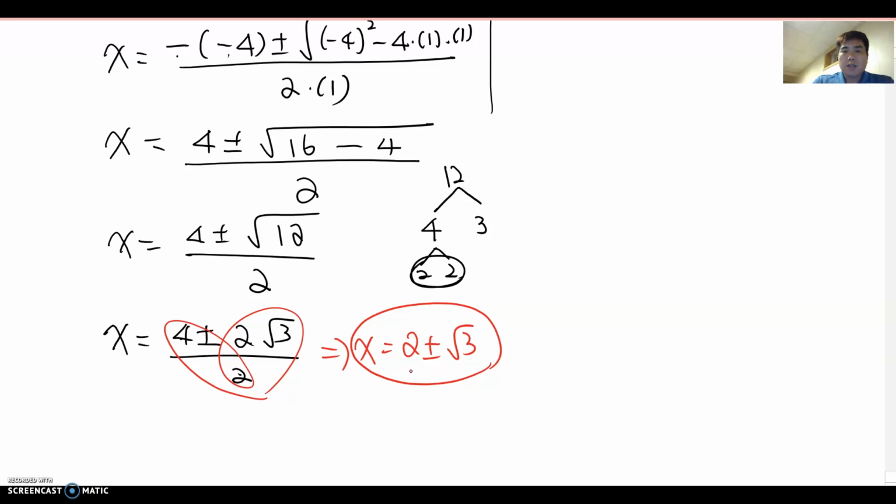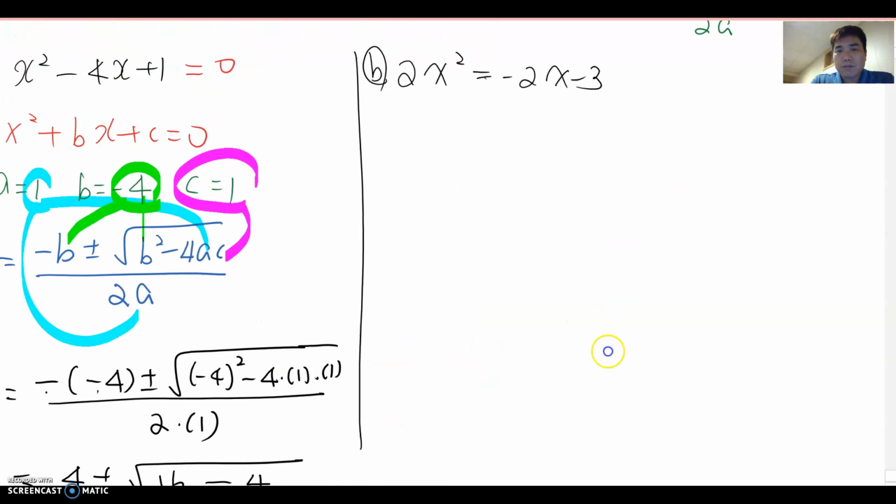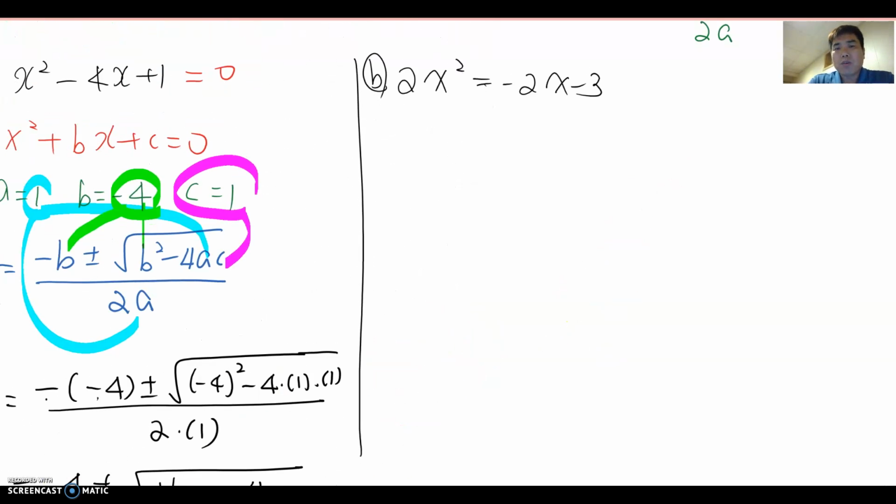Okay, then look at the second question here. 2x squared equals negative 2x minus 3. Compare, this looks like this one. It is not yet, because the standard form is ax squared plus bx plus c equals 0.